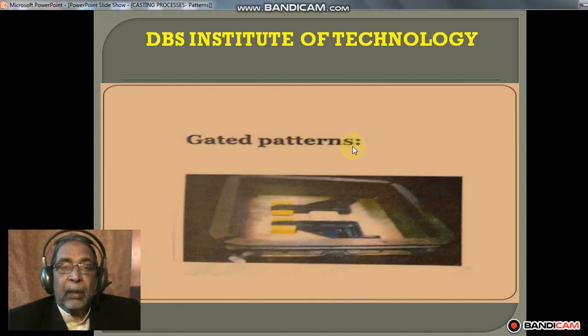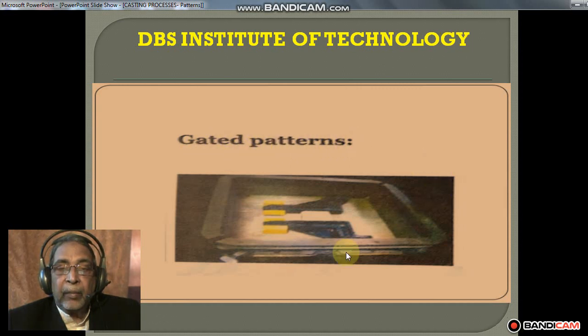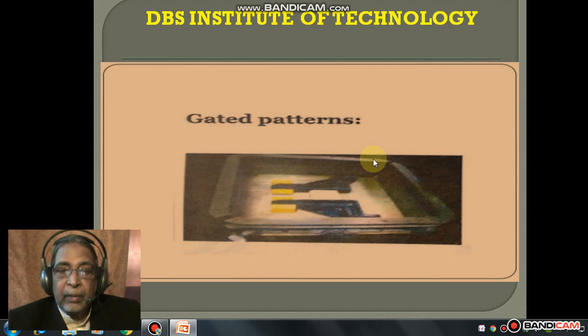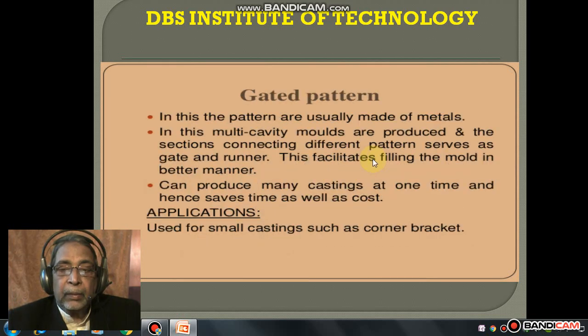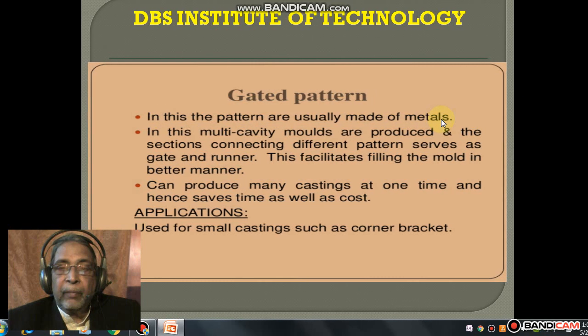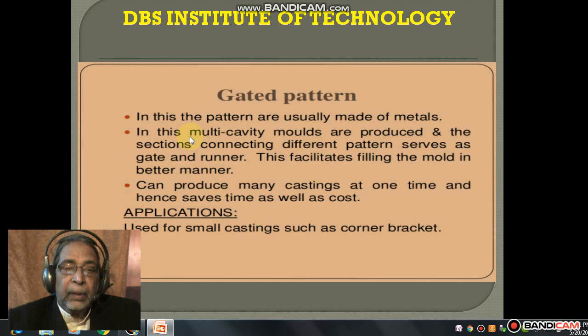This is another type of pattern. This is called a gated pattern. We will see what it is. Gated patterns are usually made of metals, but not of wood.